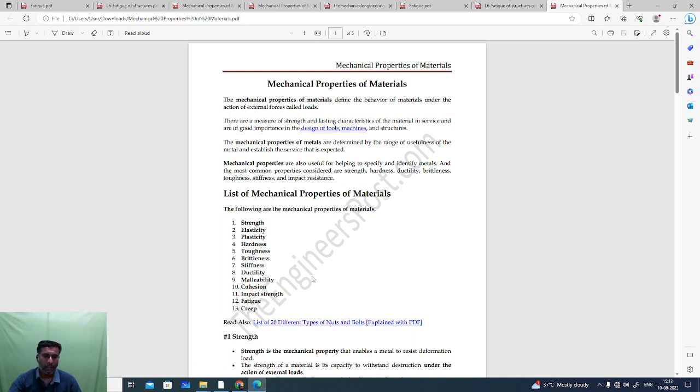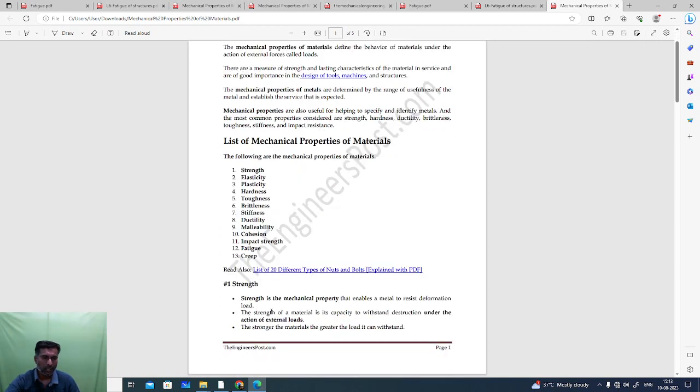Okay. Next, we discuss the first thing, that is strength. I already told you it is an important factor of mechanical properties. Strength is very important because we want to avoid failures. Strength is the mechanical property that enables metal to resist deformation when applying external or internal load.